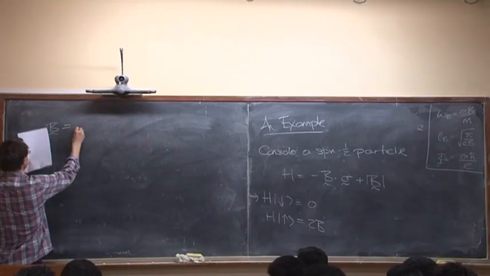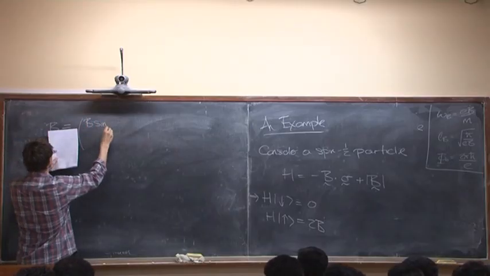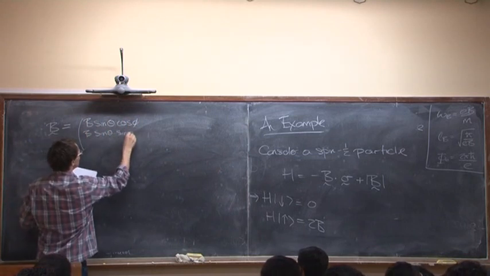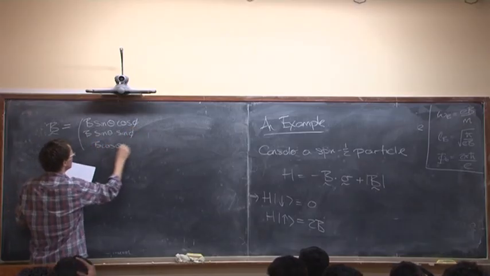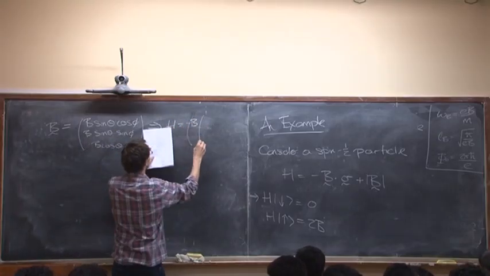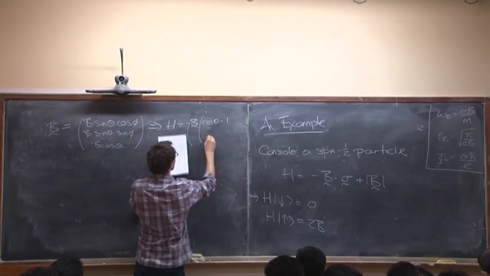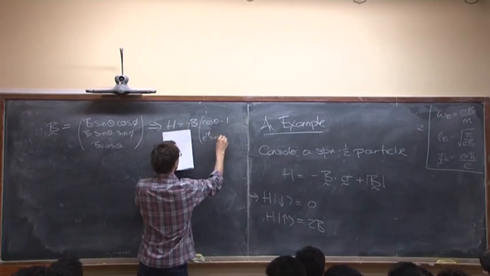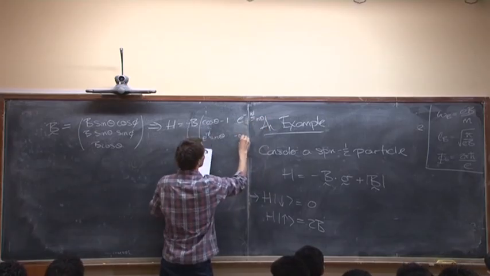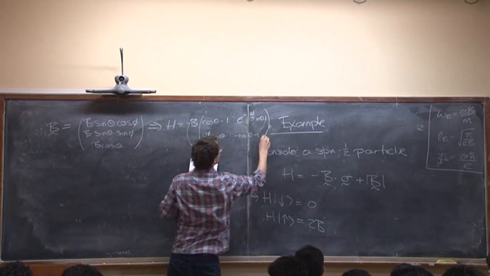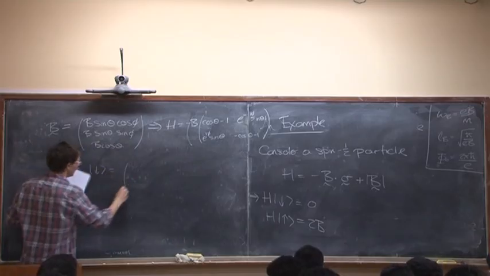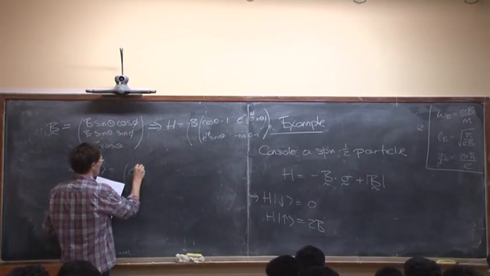So the way you do it is you write B in polar coordinates, which means you can then write the Hamiltonian in polar coordinates, and then write the ground state in terms of the polar coordinates of the magnetic field.